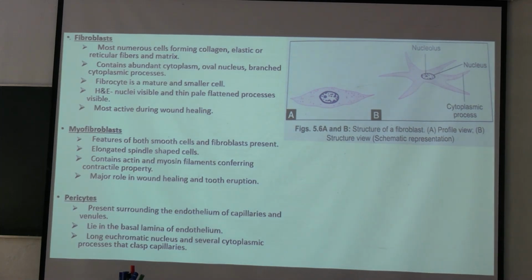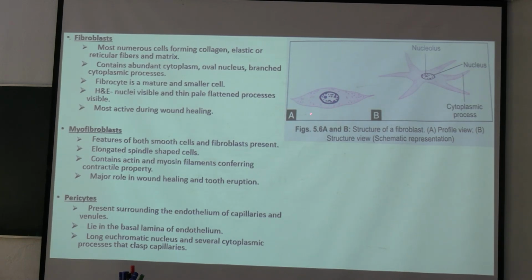So we will discuss individual cells in detail. See here, first we will discuss the fibroblast. Here, this is one fibroblast. Okay, this is seen from above, and this is the structure of the fibroblast. It has cytoplasmic processes, and in the center you can see the nucleus.